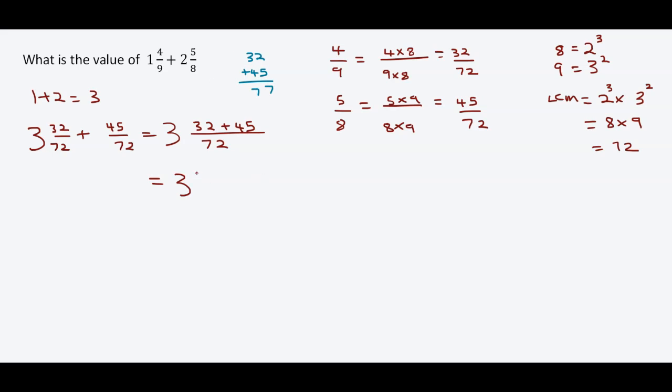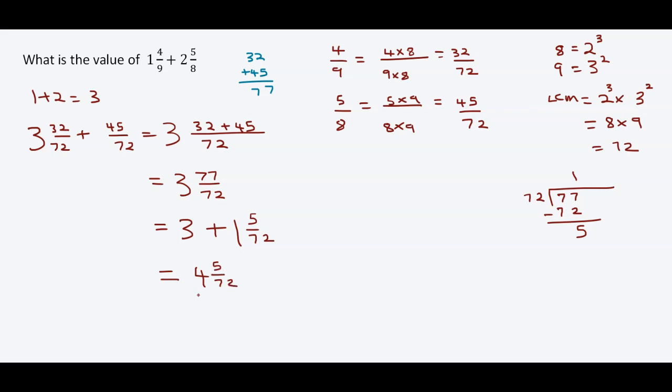So this is going to give us 77 over 72, which is going to end up with, let's go ahead and convert that to mixed fraction. We have 1, we subtract 72, it's going to give us 5. So this is 3 plus 1, 5 over 72, which is equal to 4 whole number, 5 over 72.